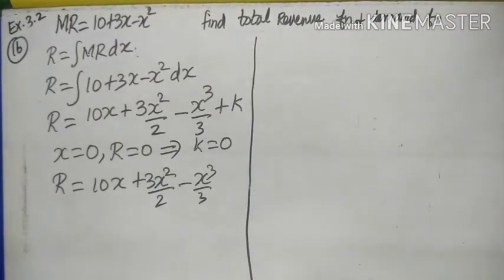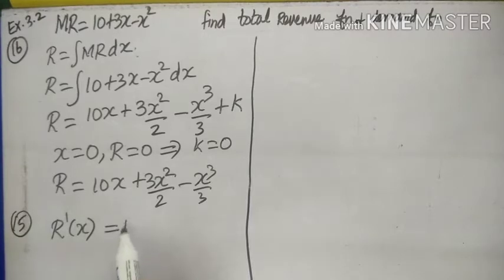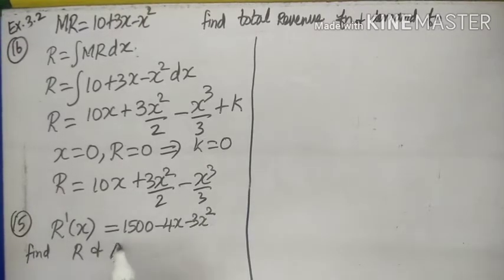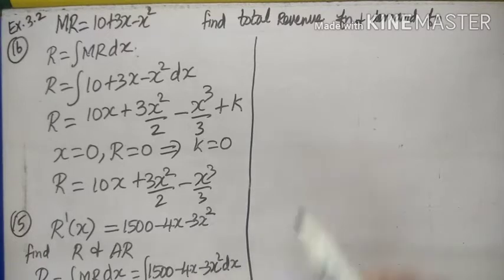Question number 15. Given the marginal function R dash of x is equal to 1500 minus 4x minus 3x square. Find revenue and average revenue. The same old procedure. R is equal to integral marginal revenue dx, or I will say integral 1500 minus 4x minus 3x square dx.